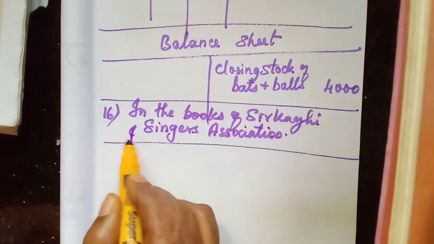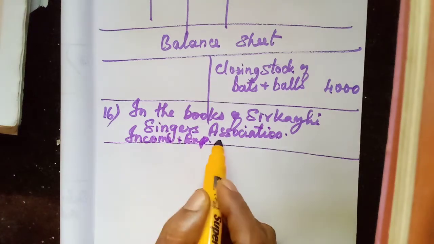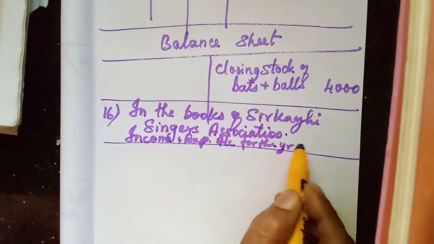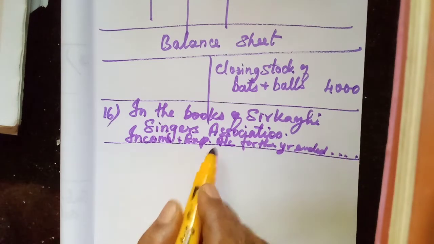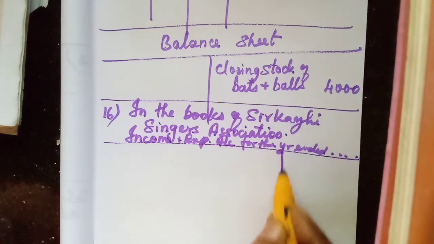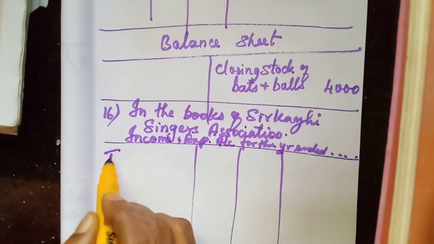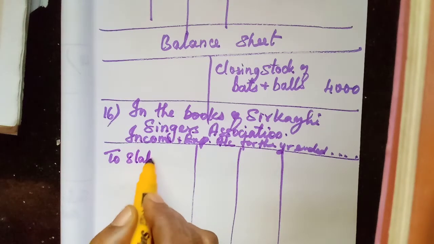Then income and expenditure account for the year ended, no date given, like that. Okay, then only the debit side, we will make the debit side more. Okay, so 2, stationery consumed.